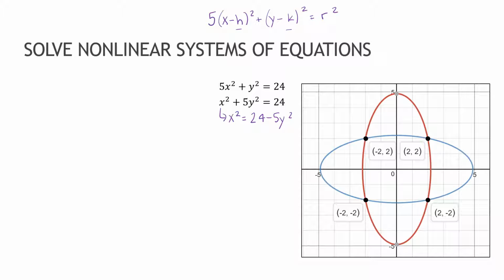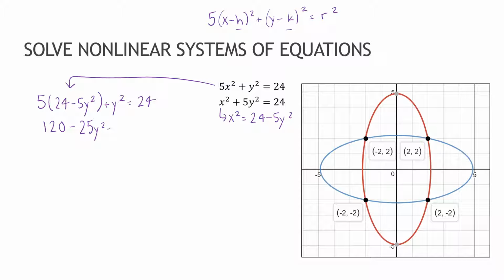I am then going to take my first equation, write 5, and instead of x squared, I'm going to put 24 minus 5y squared. And then plus y squared equals 24. So 5 times 24 is 120 minus 25y squared by distribution.